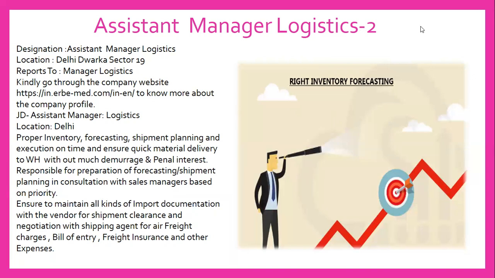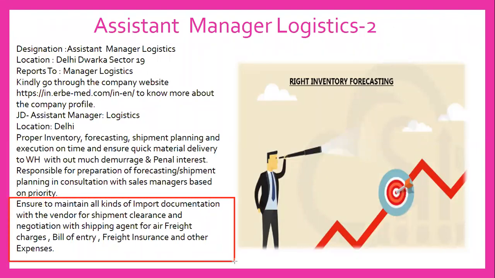We must have all the knowledge, ensuring all kinds of documents before the shipment arrives at the port. Like, you have been assigned to import goods from Mexico, okay. You are responsible for knowing all the requirements for the import documentation.